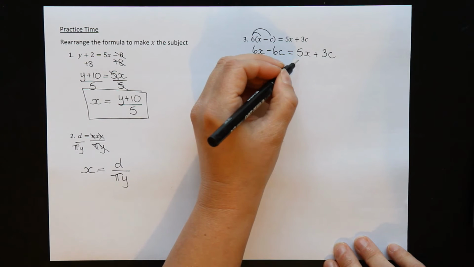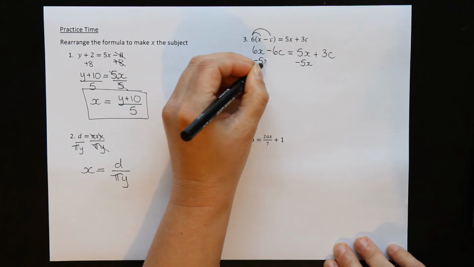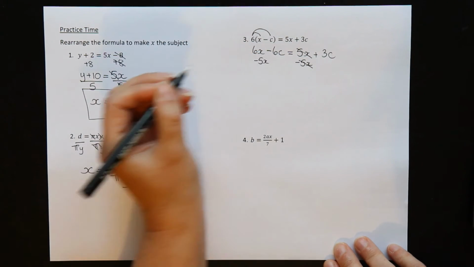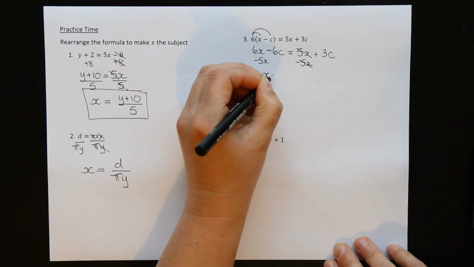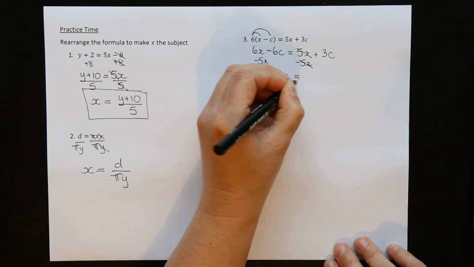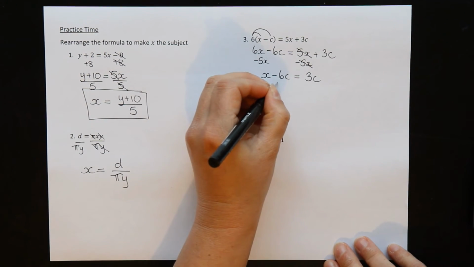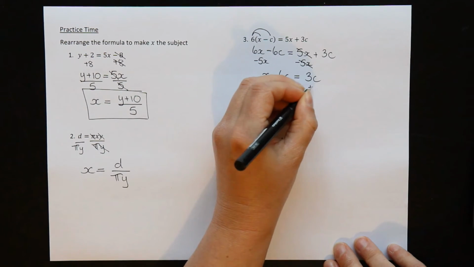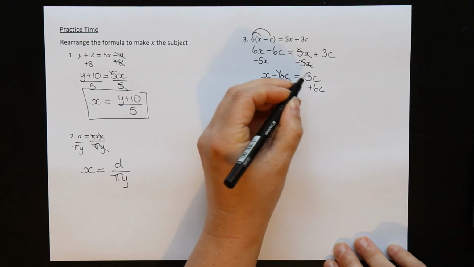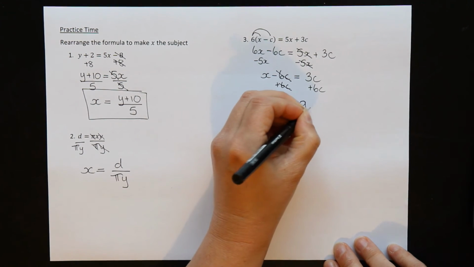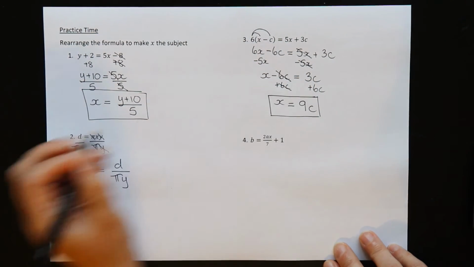I can subtract the 5x, because it's the smallest x term. 6x minus 5x is 1x, just x, I don't need to write the 1. And then I can move the 6c away, so I would add 6c. Get rid of that. x is equal to 3 plus 6, which is 9c. That's it. x is equal to 9c. Done.